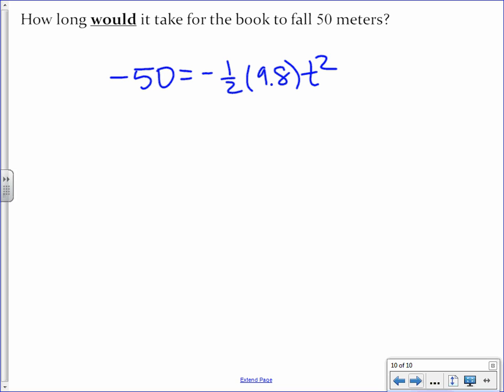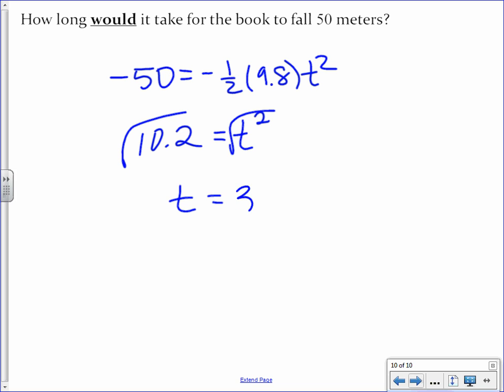This means t squared would need to equal 100 divided by 9.8, that's 10.2. Then square root it. 3.19.